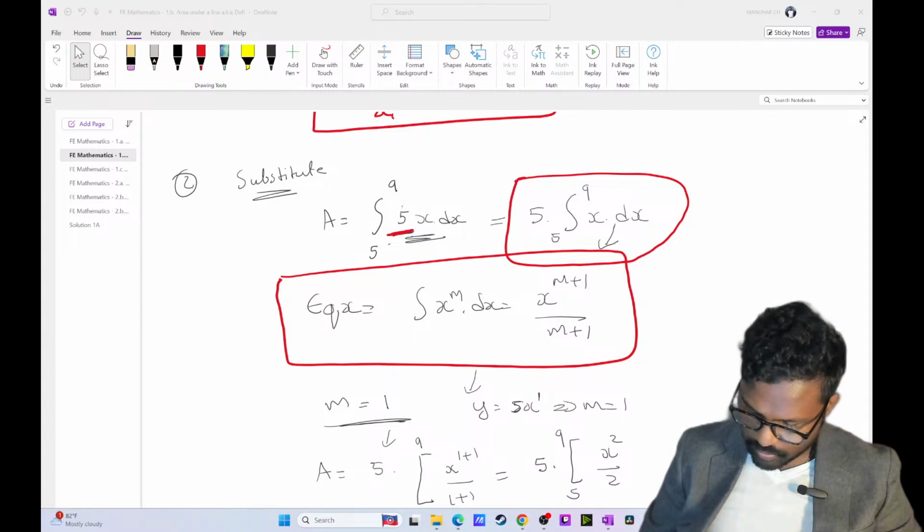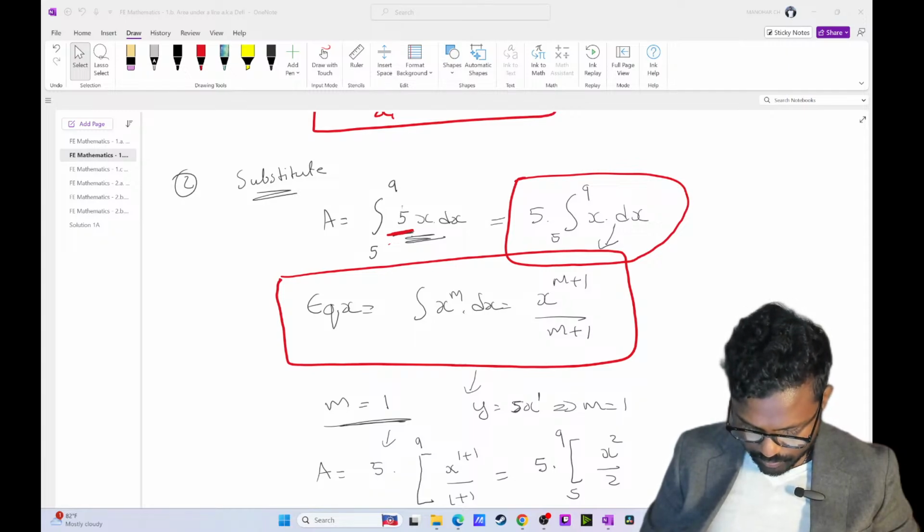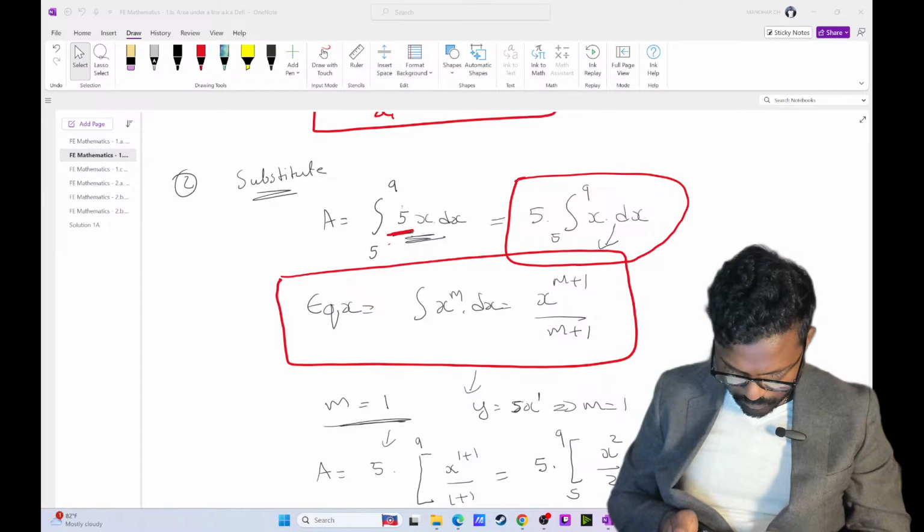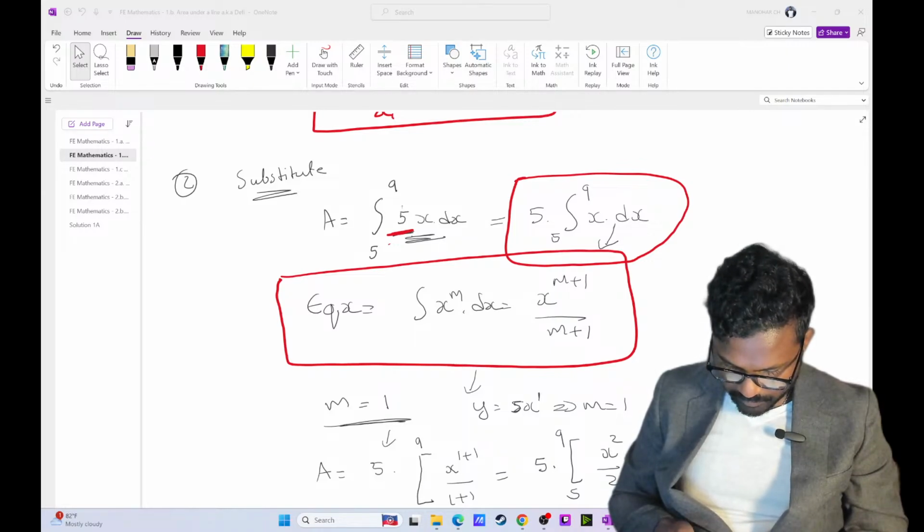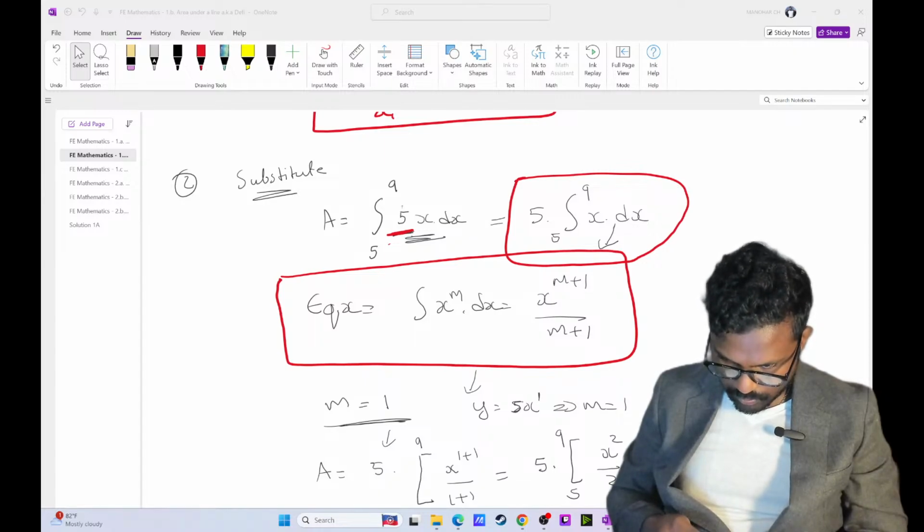So let's put that and write down the equation. I see the indefinite integral equation here for 5 to 9 of x dx.